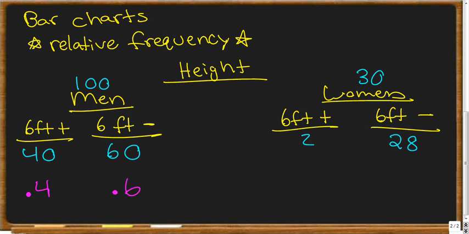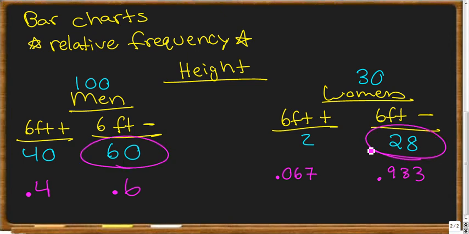Off the top of my head, I chose some strange numbers. Well, 1/15, so this is 0.067. That would make this a 0.933. So like 93% of women are under 6 foot that we have here. But if we just looked at these numbers here, you would think that things were kind of weird.